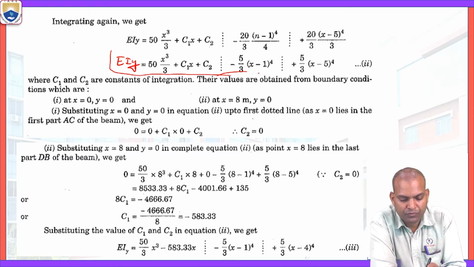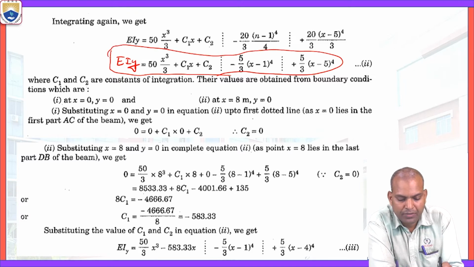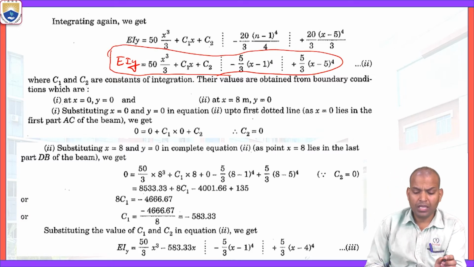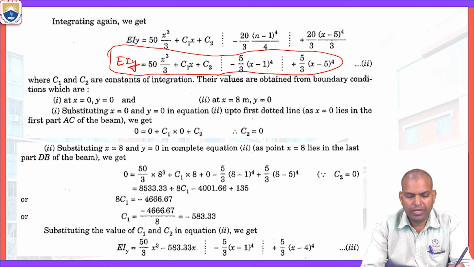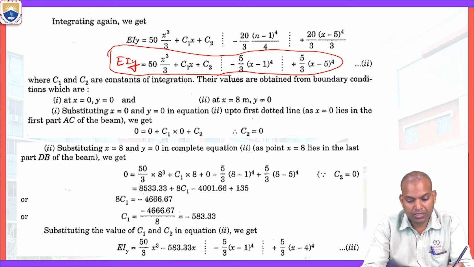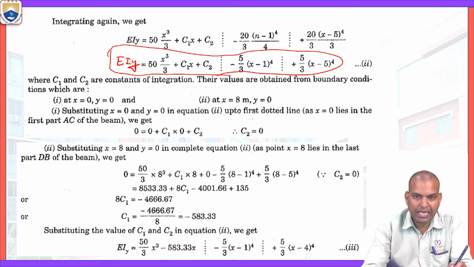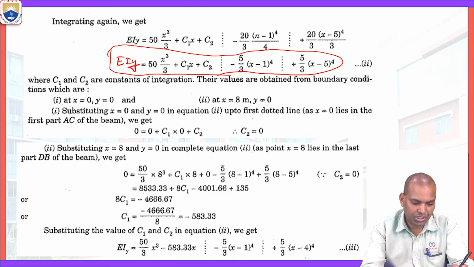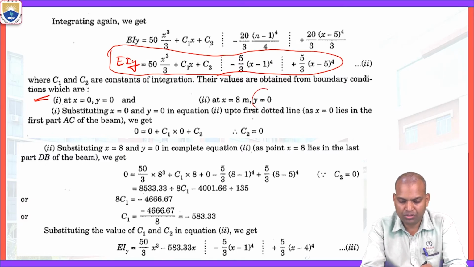This is the deflection equation. In this deflection equation, there are two constants of integration, which are to be calculated by using two boundary conditions. The boundary conditions are: at x equal to 0, the deflection is 0, and at x equal to 8 meters, the deflection at support B is also 0.